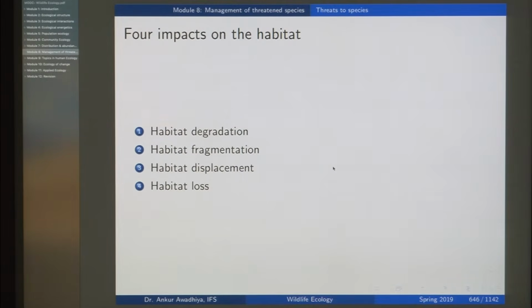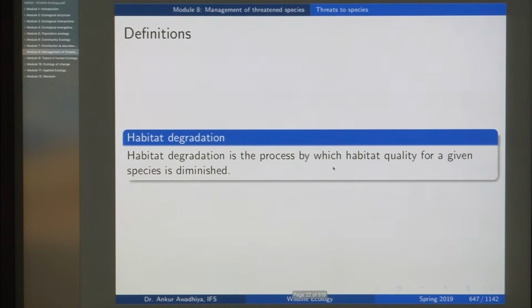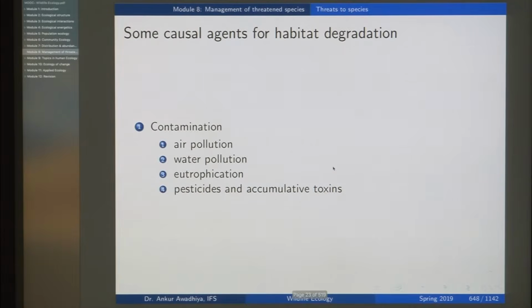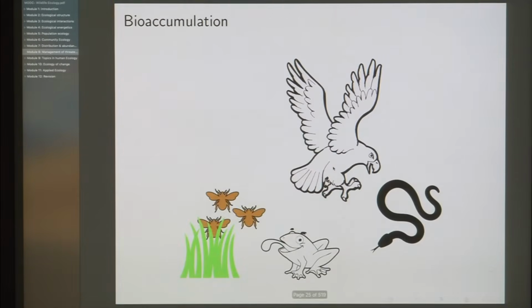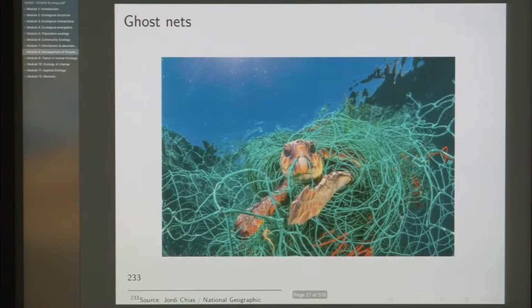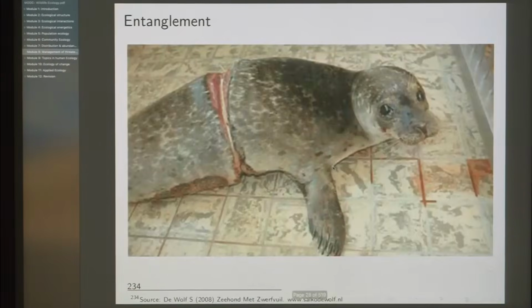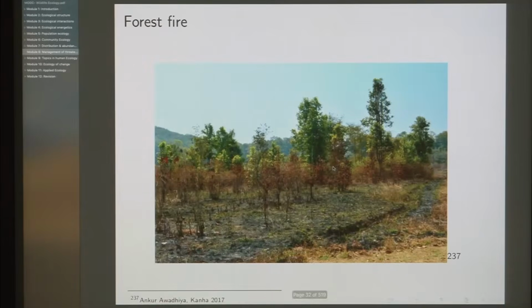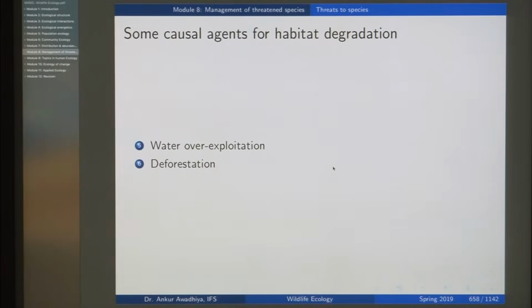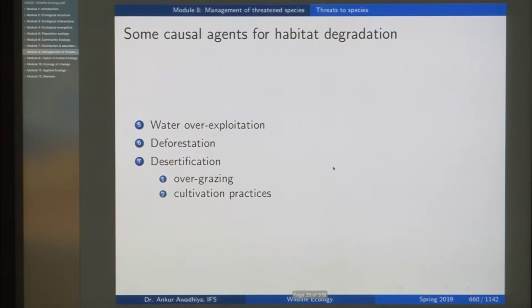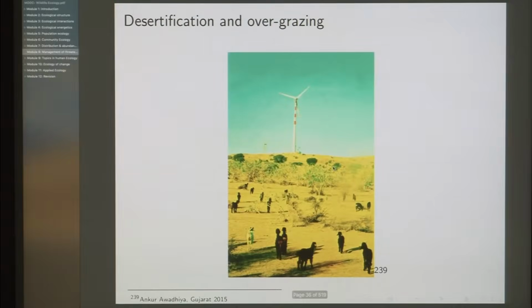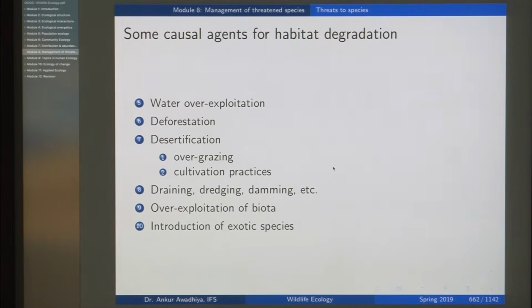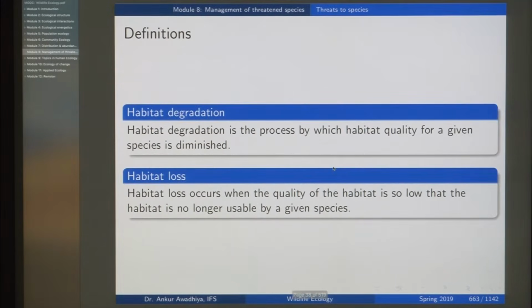Then there are 4 impacts on habitat. They are habitat degradation, fragmentation, displacement and loss. So, in the case of degradation, the quality goes down, and this can occur because of contamination such as accumulation, or because of the presence of different trashes in the habitat which reduces the quality, or because of soil erosion and the presence of forest fires, or because of over exploitation of water or deforestation of the area, or because of desertification, or because of over exploitation of biota, or dredging, damming of the water bodies, or introduction of exotic species.